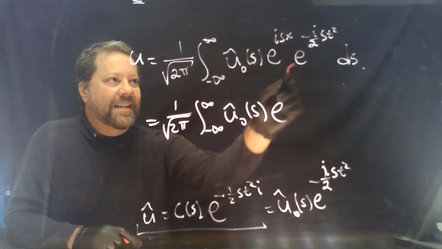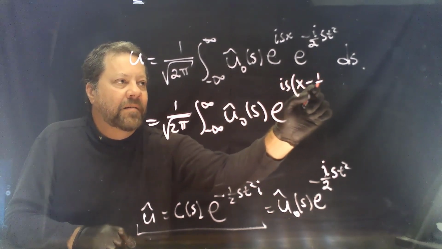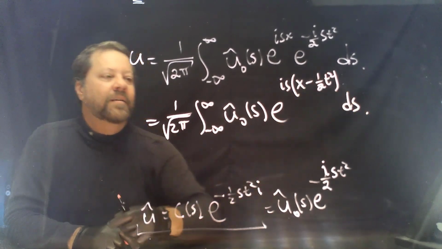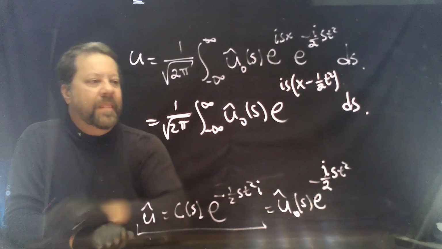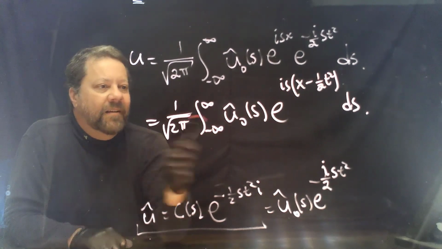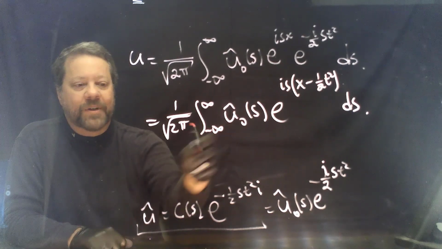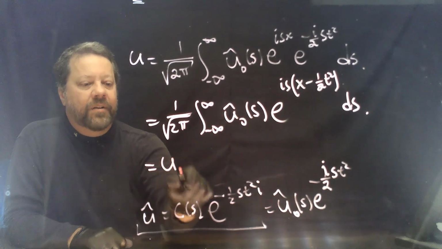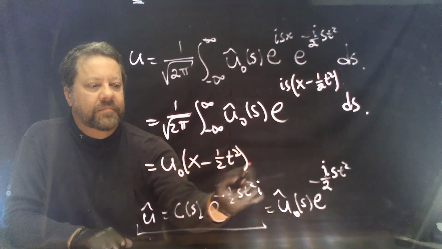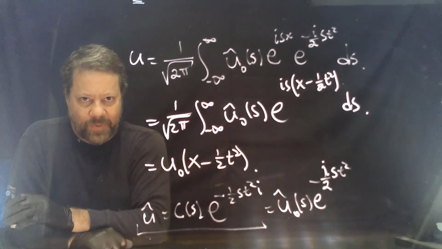we'll have a translation in the x variable by 1/2 t squared to the right of the inverse Fourier transform of u hat, which is u naught, evaluated at x minus 1/2 t squared.